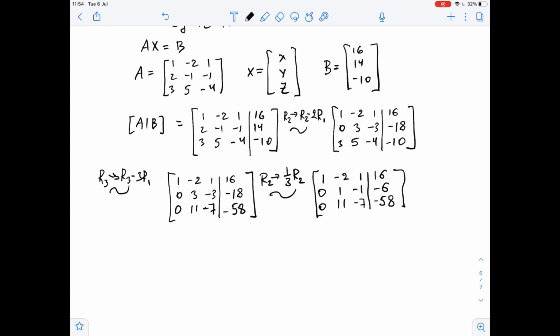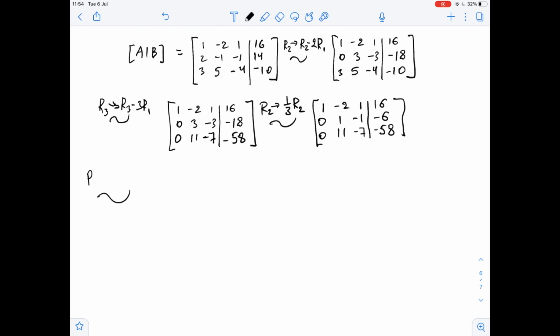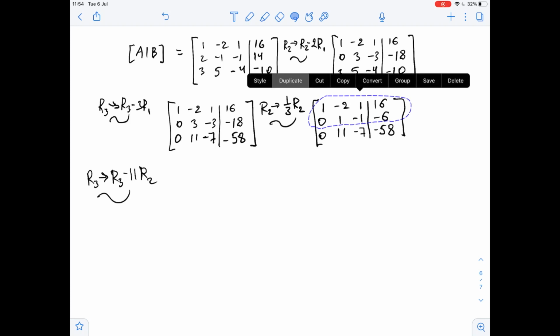In our next step, we multiply the second row by 11 and subtract it from the third row. So row 3 becomes row 3 minus 11 times row 2. I'll just copy paste because the first two rows stay the same.